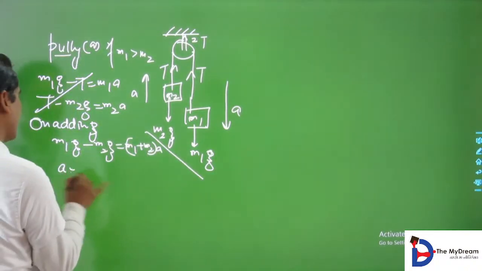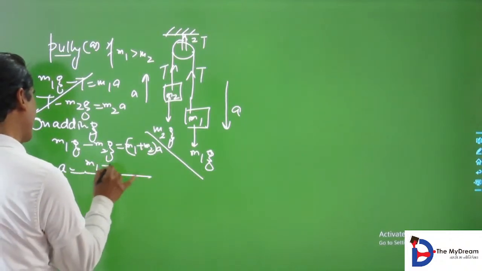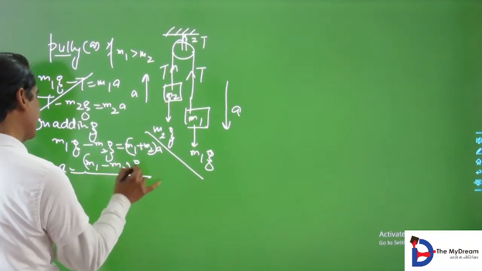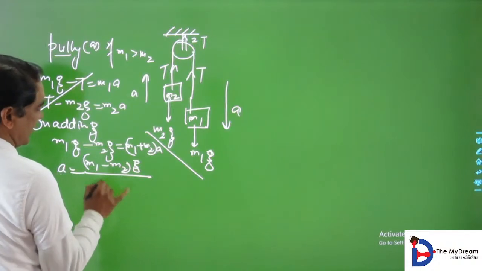So a is equal to (m1 minus m2) into g divided by (m1 plus m2). That is the total.